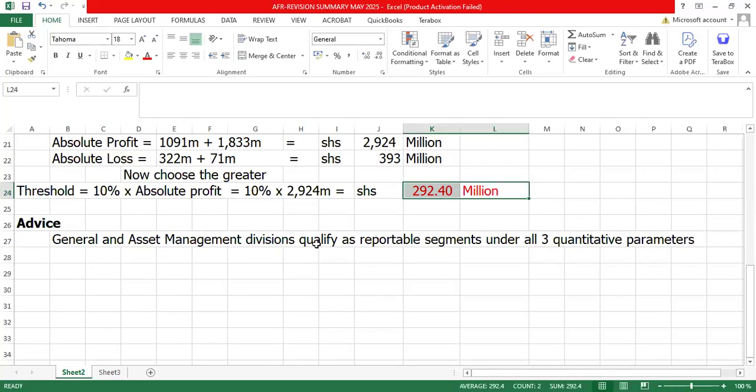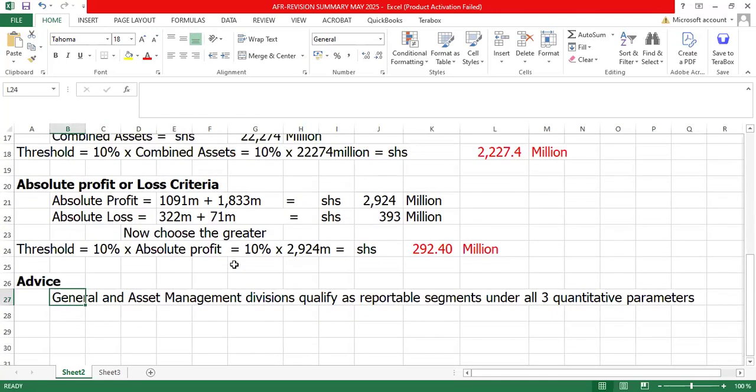So when you observe, general and asset management divisions qualify as reportable segments under all three quantitative parameters.